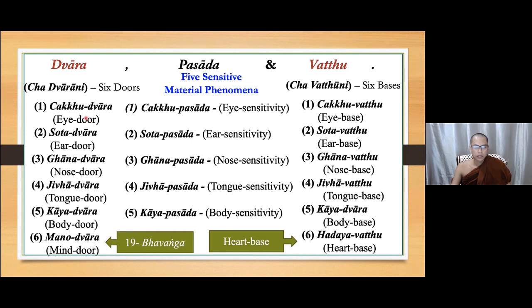Here, regarding the usage of Dwara, the Comprehensive Manual of Abhidhamma also mentions two ways to understand the word door, why they are called doors. Firstly, the door is a channel or medium through which the Citta and Cetasika, consciousness and mental factors, go out and meet the objects.